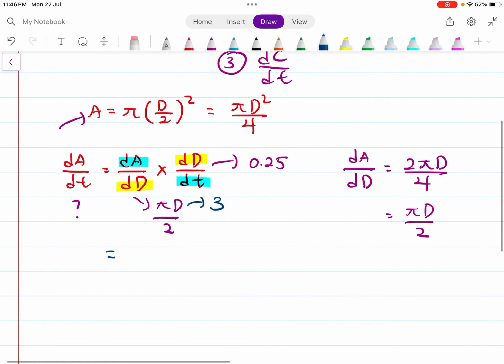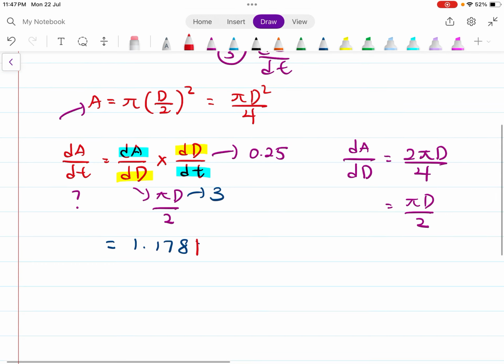So this will give you 3 pi times 0.25. With this, I will get dA/dt to be 1.1781 since it's 4 decimal places.